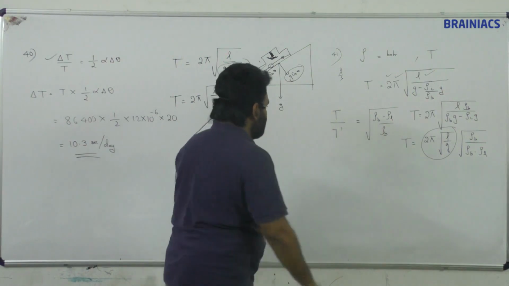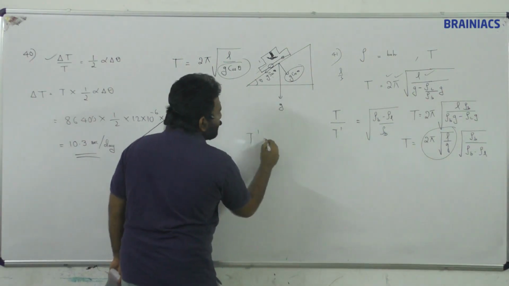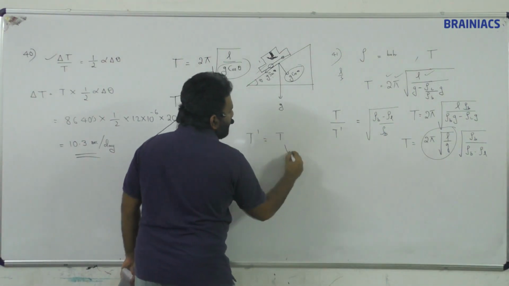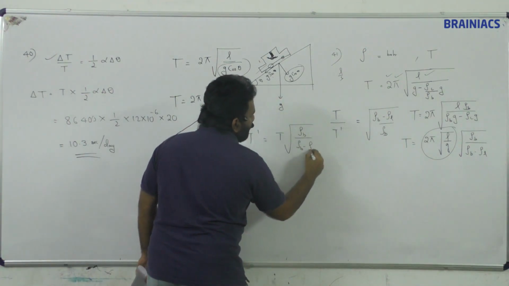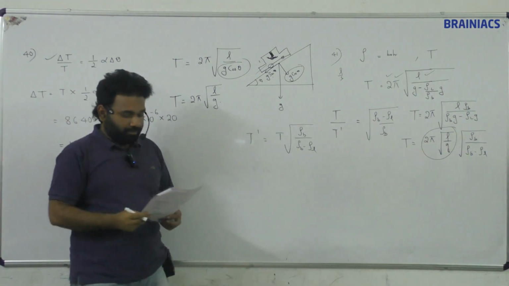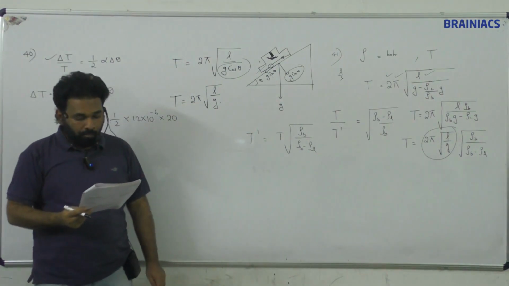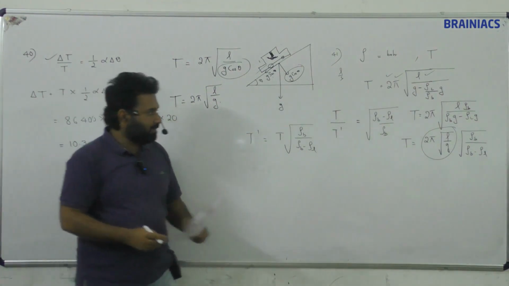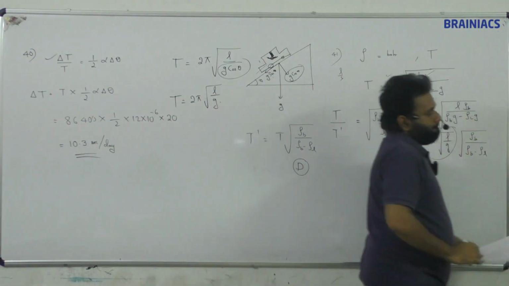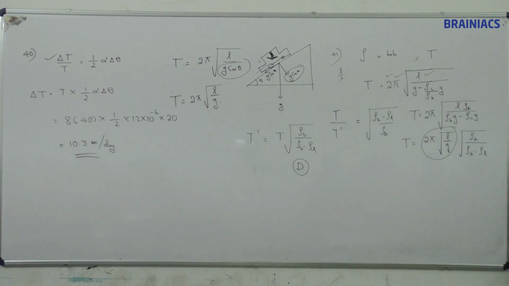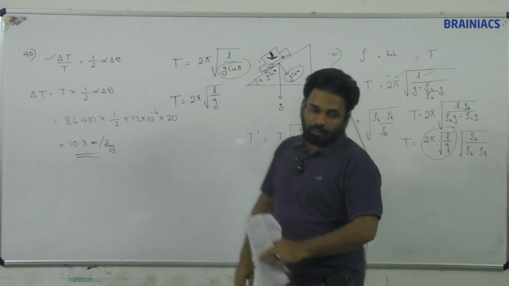The new time period T dash is equal to T into root of this. Which option? D. Yes. Any worries? Go through the solution.